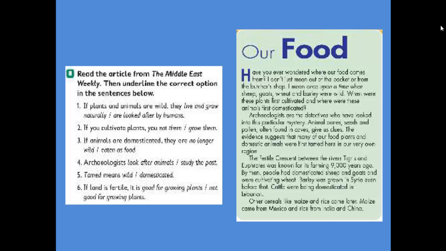If animals are domesticated, they are no longer wild or they are eaten as food. Number 4. Archaeologists look after animals or study the past. Number 5. Tamed means wild or domesticated. If land is fertile, it's good for growing plants, or not good for growing plants. Here we have to check our comprehension.